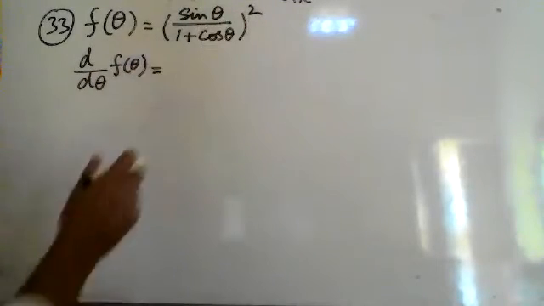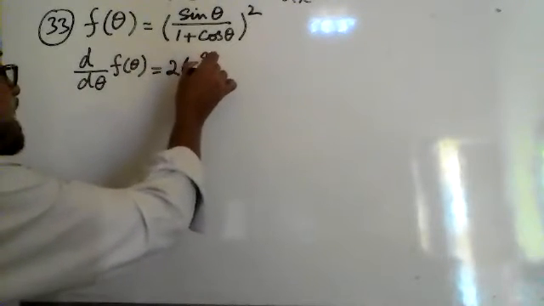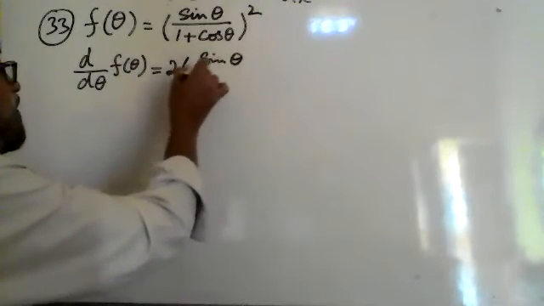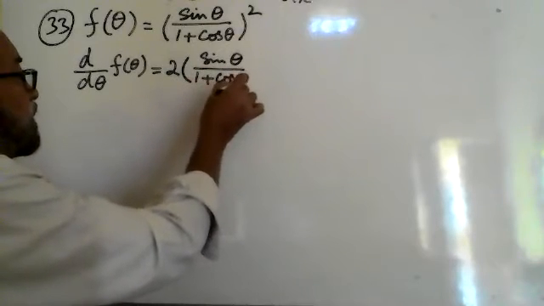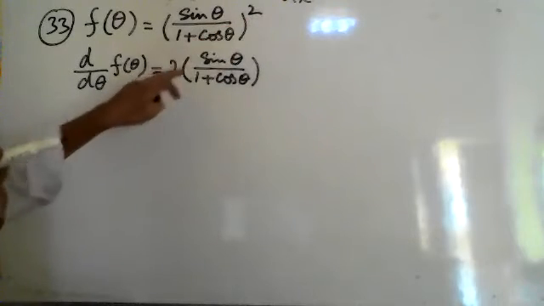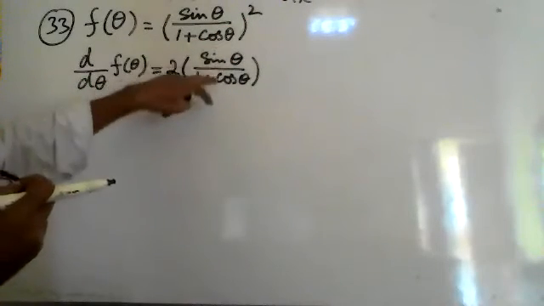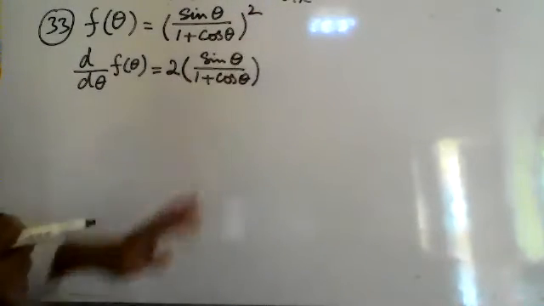So first of all we'll take 2 into sine theta upon 1 plus cos theta raised to power 2 minus 1. So that is 1 power. First we took 2 power over there, then the function and power will be 2 minus 1. It will be 1 power.